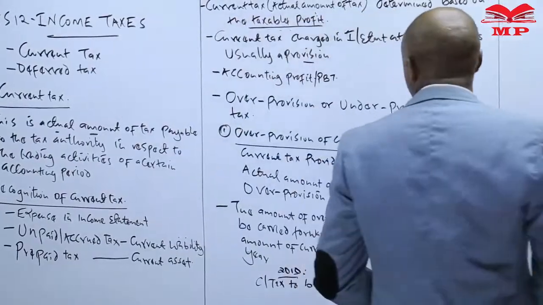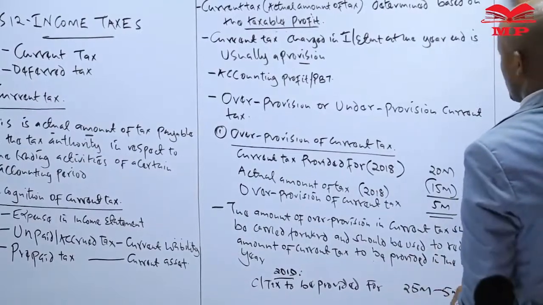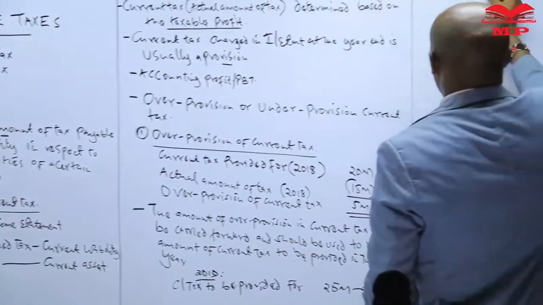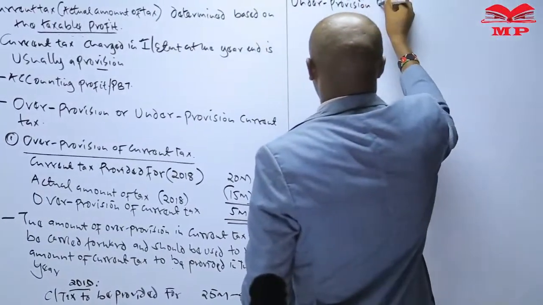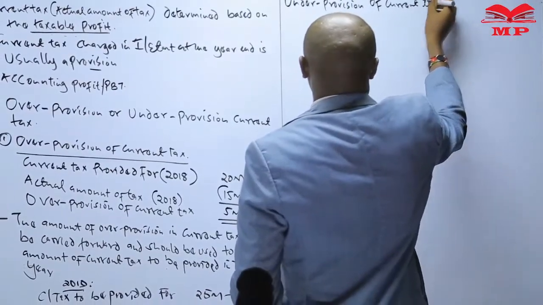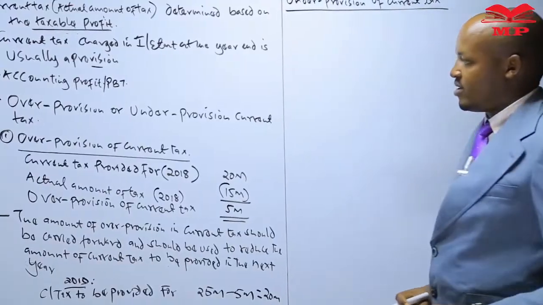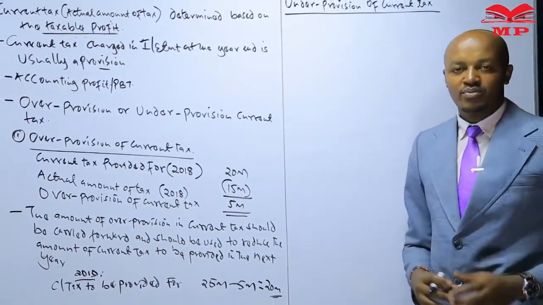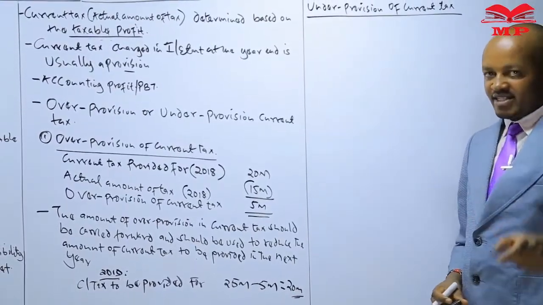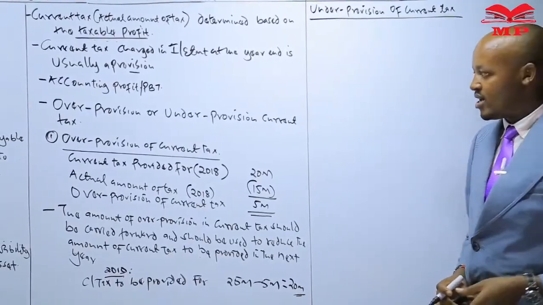Now on the other hand, we may have what we refer to as under provision of current tax. The under provision of current tax arises if the amount of tax which was provided for at the end of a financial year is less than the actual amount of tax which is supposed to be paid.